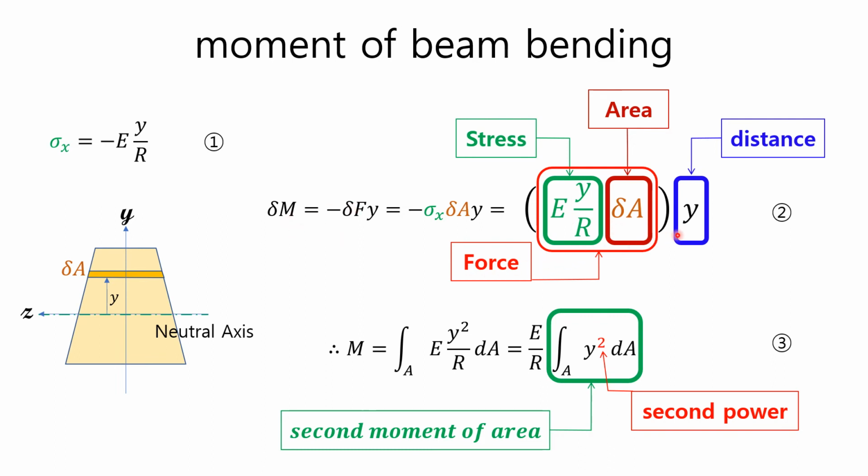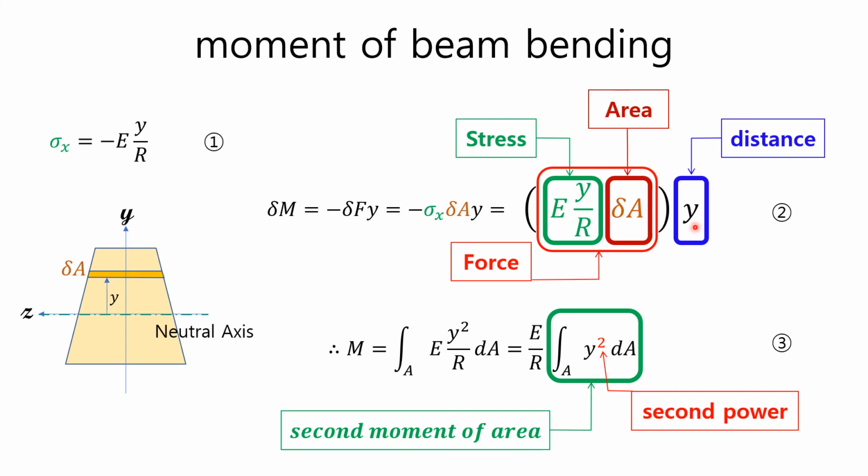In this equation, y can be considered as the moment arm length, which is the perpendicular distance from the neutral axis to the small area delta A, and the product of stress and area is a force. This is the moment equation in terms of stress, area, and the moment arm length y.